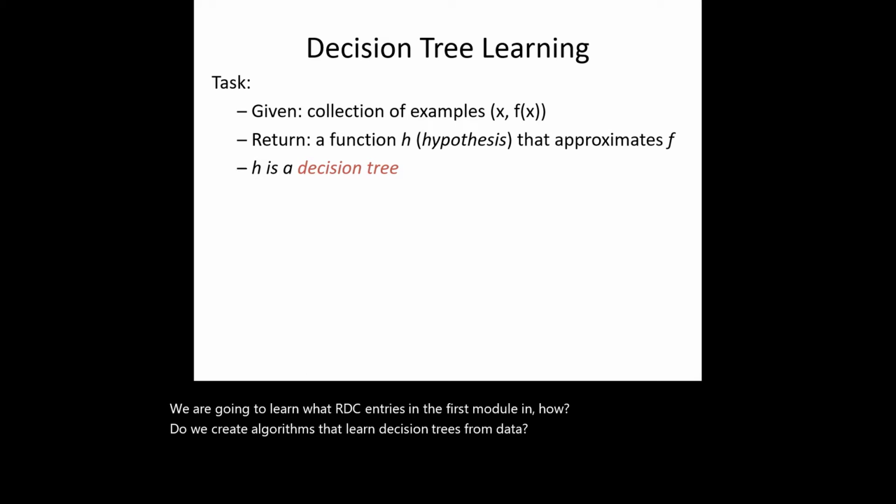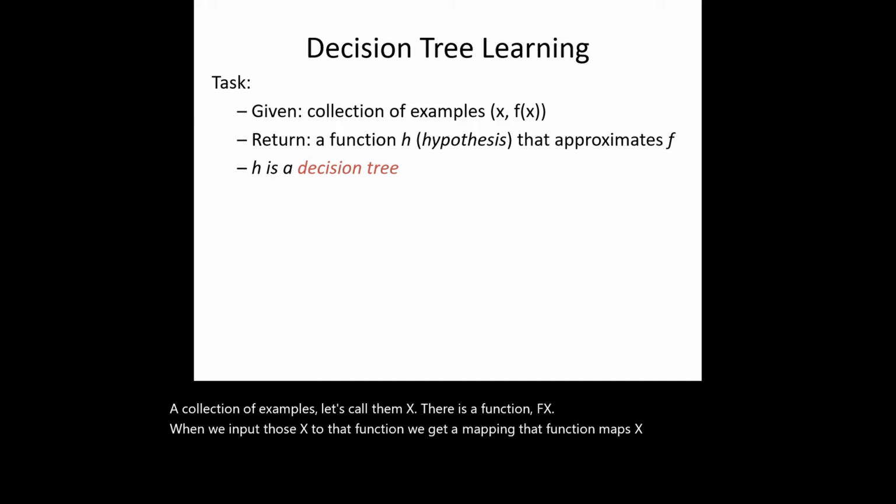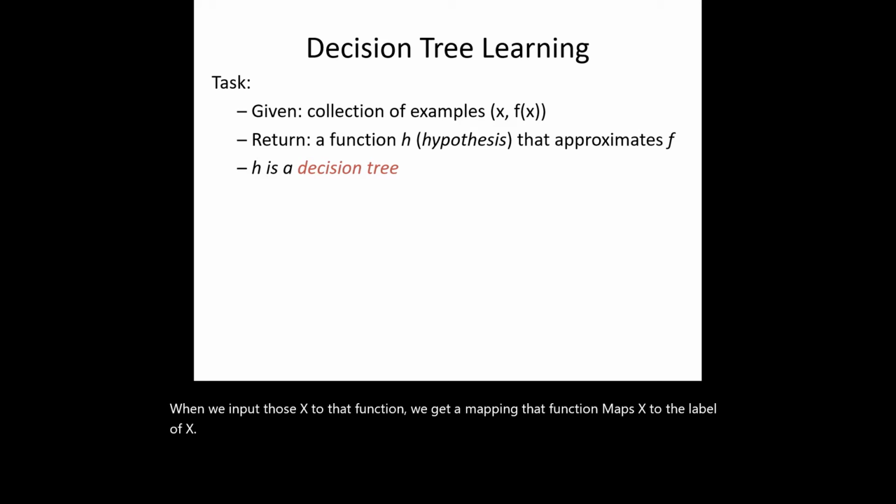So the task of decision tree learning is basically to, given a collection of examples, let's call them X, there is a function f(x). When we input those X to that function, we get a mapping. That function maps X to the label of X. There could be many possible functions.